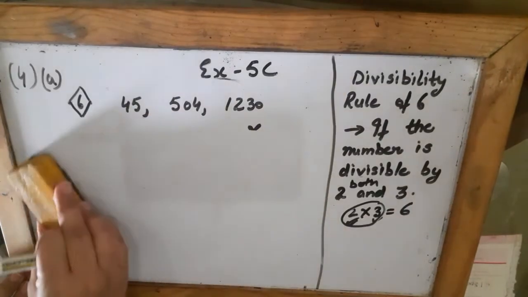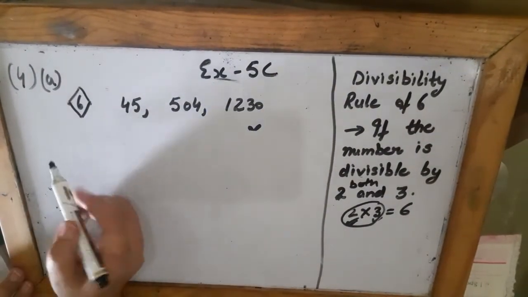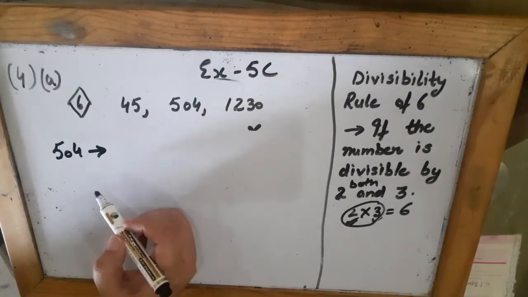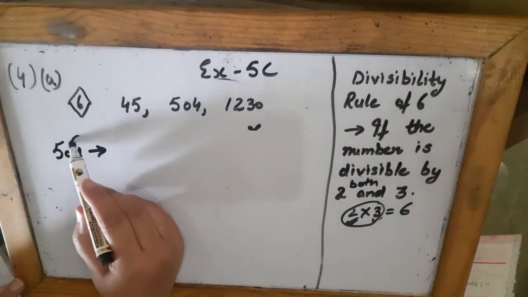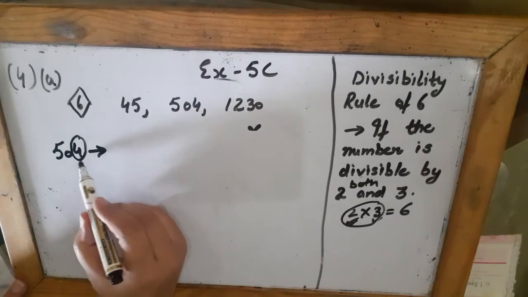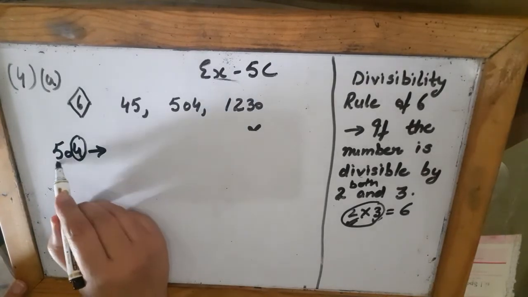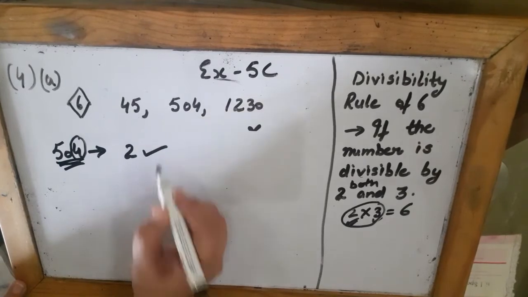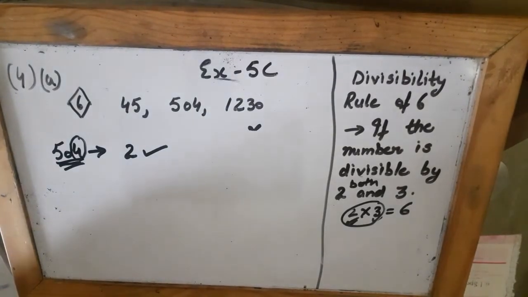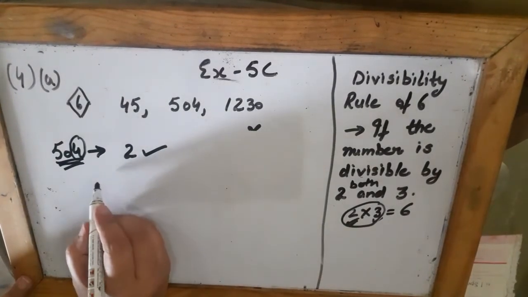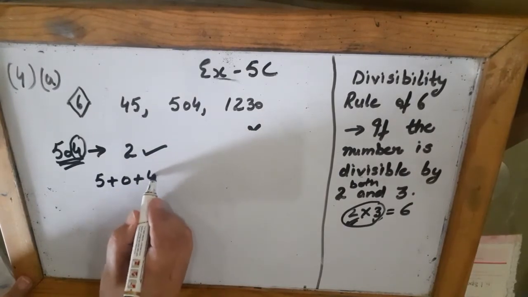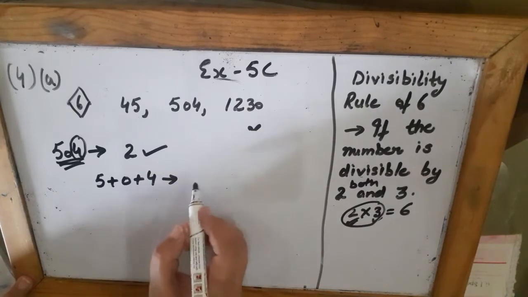Okay, now let me take the second example, that is 504. First I have to check with 2. Is this number divisible by 2? Yes, because the last digit is even, a multiple of 2, and this is an even number, so it means this is divisible by 2. Now let me check with 3. In order to check for 3, I have to add all the digits. 5 plus 0 plus 4 is 9.